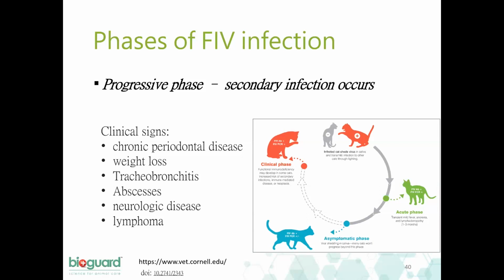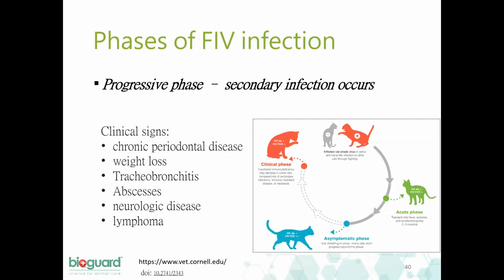The progressive phase of FIV infection is the classical form of feline AIDS, often marked by the emergence of multiple degenerative, neoplastic, and secondary infectious diseases, including chronic periodontal disease, weight loss, tracheobronchitis, abscesses, neurologic disease, and lymphoma.